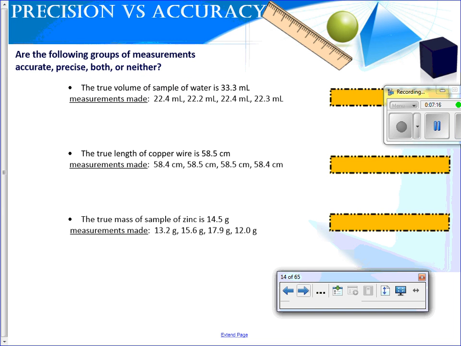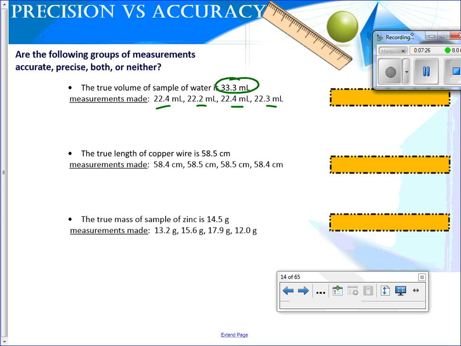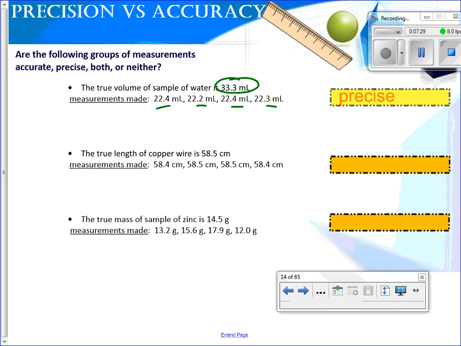So here, they would give you what the accepted answer is and give you some measurements, and you should be able to tell us if it's accurate, precise, both, or neither. And so for this measurement, it's precise. The measurements are actually close to each other, but they're not close to the accepted value.